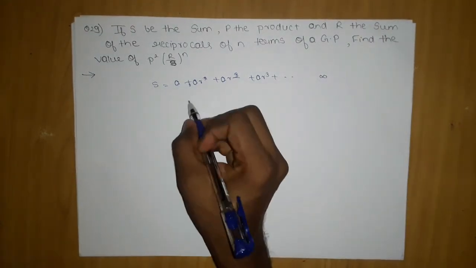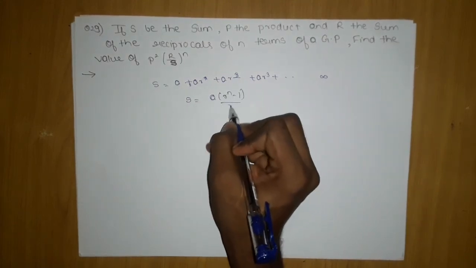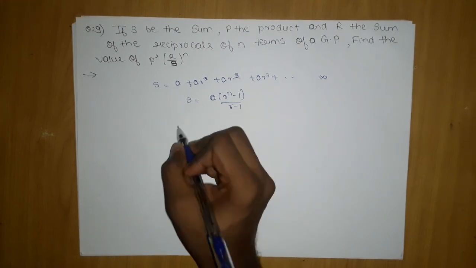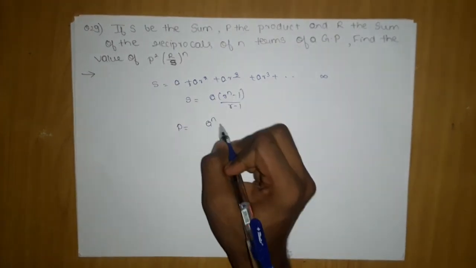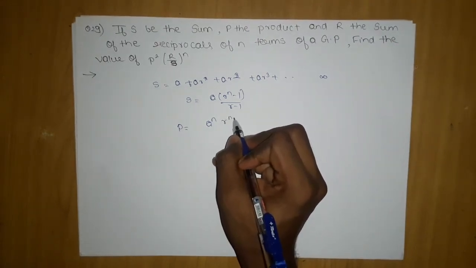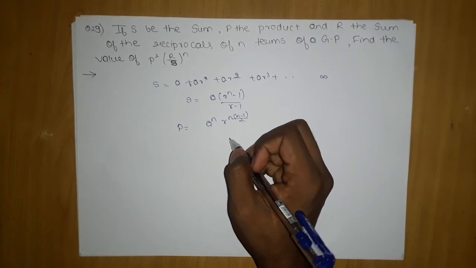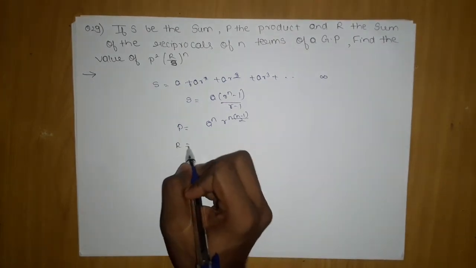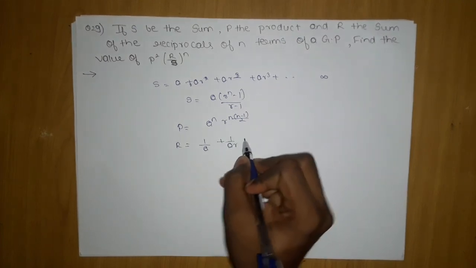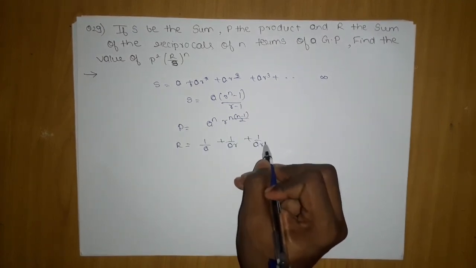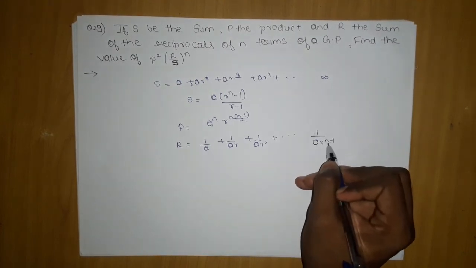So the sum will be a into r power n minus 1 upon r minus 1. Similarly for the product part, a power n, and the power of r will be r power n into n minus 1 by 2. Similarly for R, we take 1 by a, 1 by ar, 1 by ar square, and so on till 1 by a r power n minus 1.